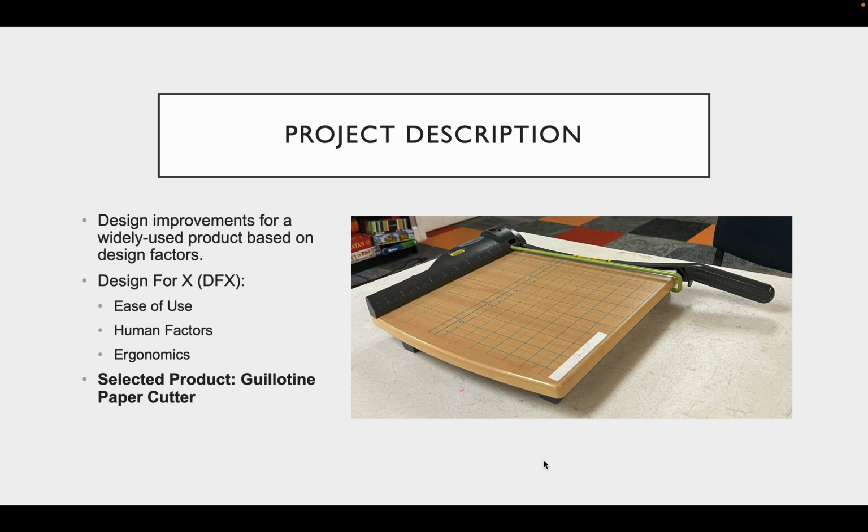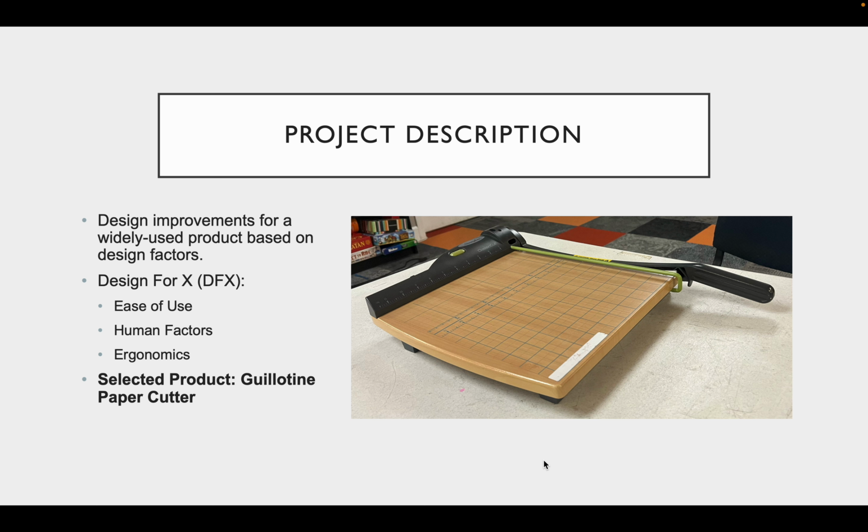And designing for ergonomics, which I think my improvements mostly focus on, is the need to design a product to focus on efficiency and effectivity for its users, and this has an emphasis on the safety of a product for the consumer. And so my selected product is the Guillotine Paper Cutter, which can be seen in this image here.